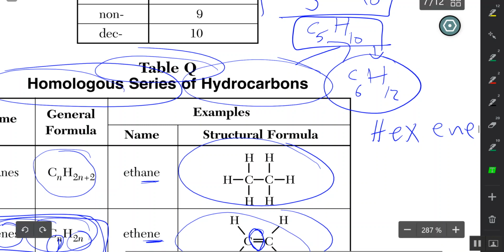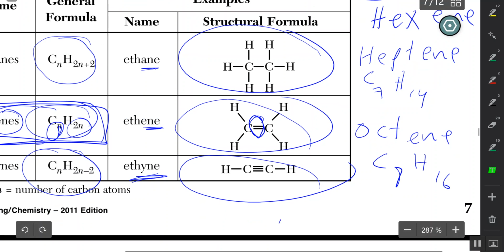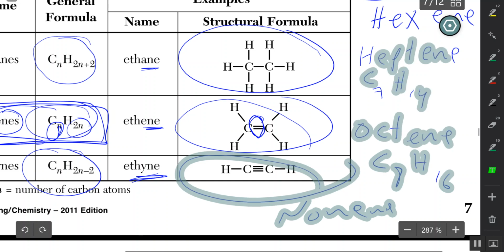Next one would be heptene, and it would have the formula C7, H, double the 7, 14. Next one would be octene, C8, H16, then nonene, C9, H18, and so on. Okay.